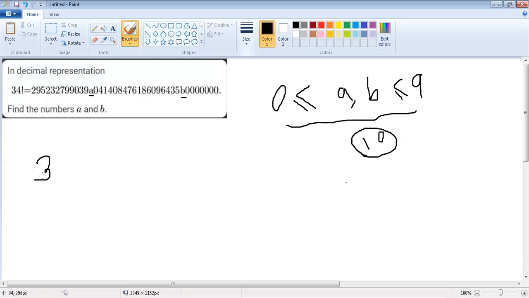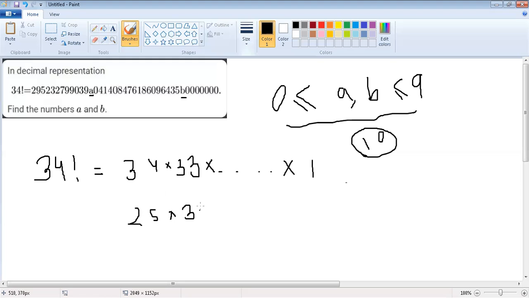Now see, 34 factorial equals 34 times 33 times dot dot dot up to 1. In between there arrive 25, 30, 20, 15, 10, and 5.